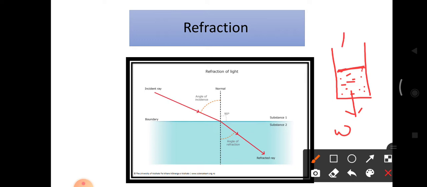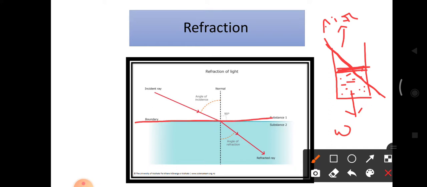Above the water, air is filled, so this is the air medium. When the light travels from one medium to another medium, the direction of the light will change. This is called refraction. This is an interface line of water and air.